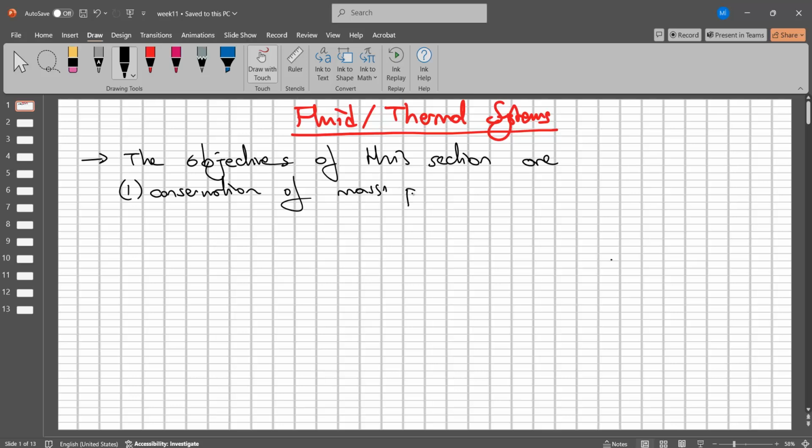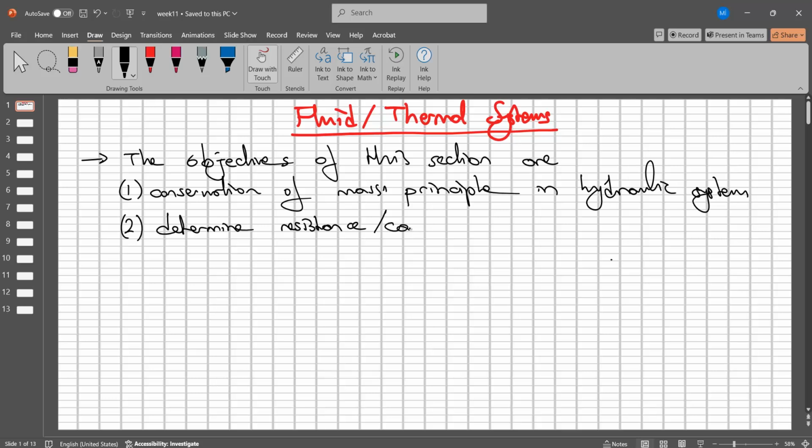Mass principle in hydraulic systems. Okay. What's the conservation of mass, Daria? Anyone knows? The conservation of mass can be used to what?